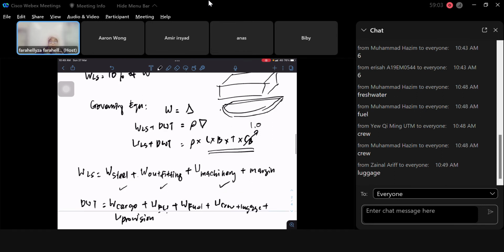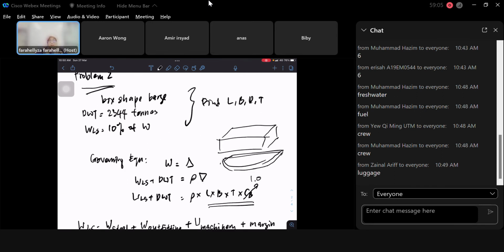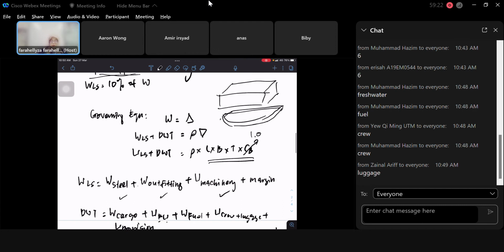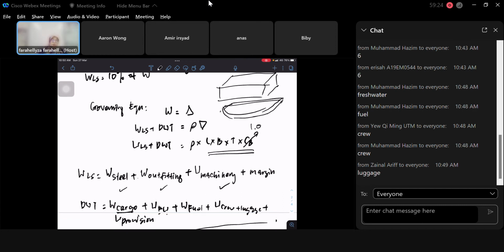Now the 2344 tons that you have actually consists of all this: W cargo, W fresh water, W fuel, and so on. That 2344 tons of iron ore only consists of this W cargo, right?